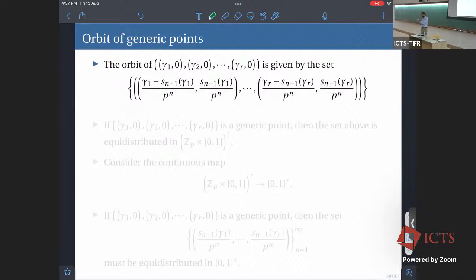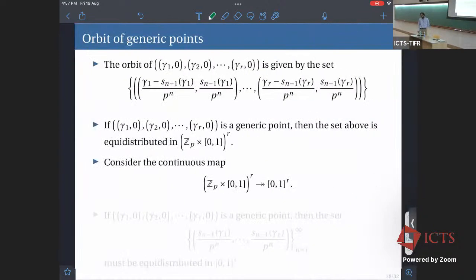So you're just shifting these things out here. But if you notice these Sn over p to the n's, those were exactly the things that came in Ferrero-Washington. And so the observation is that if you have gamma 1, comma 0 up to gamma r, comma 0, and that's a generic point, then this set that I wrote down is equidistributed.